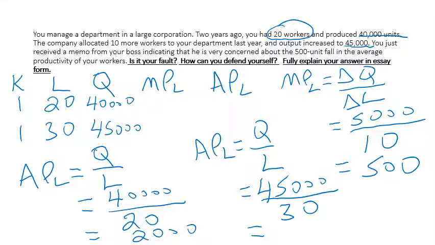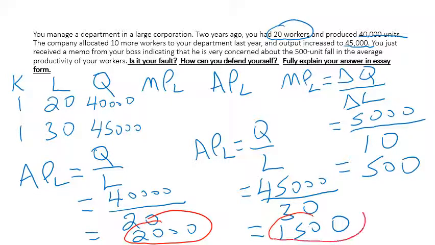So what is the average product of labor? It's 1,500. So what happened to your average productivity? It has gone from 2,000 to 1,500. So it's a decrease of 500.